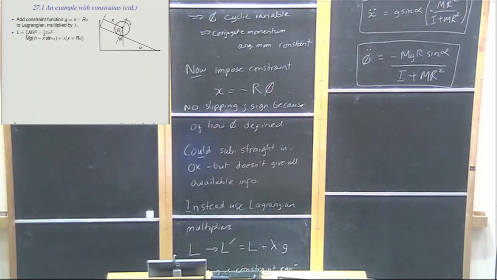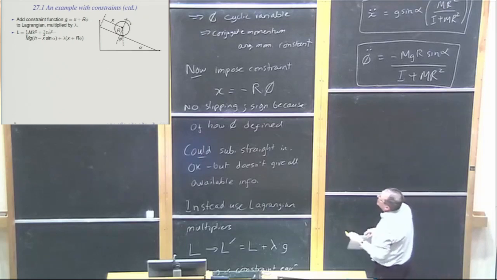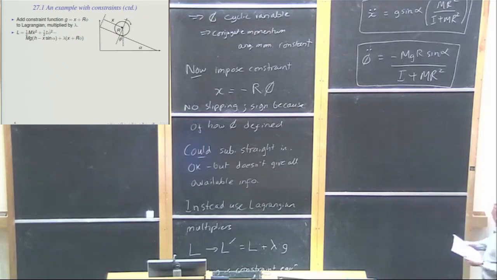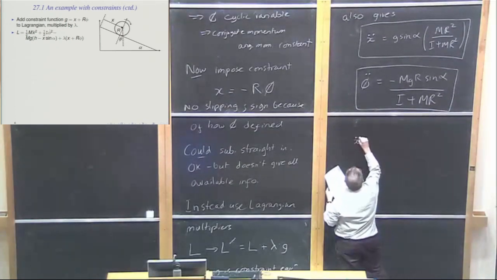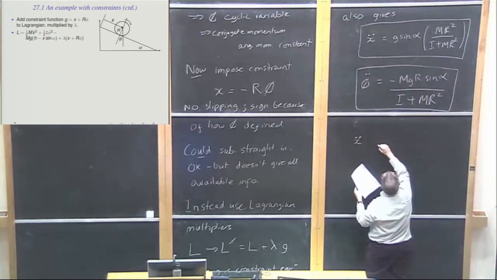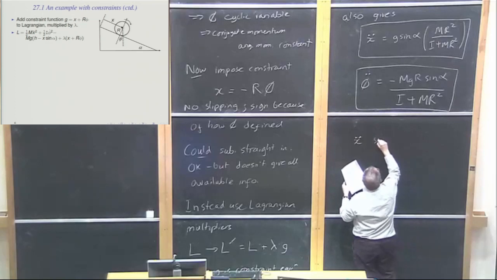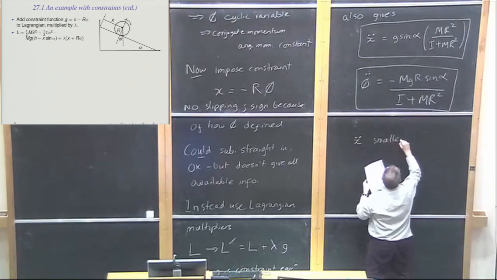And this factor depends on the mass and also the moment of inertia. If it's a ball, we know what the moment of inertia is, so we can put that in, but I don't think we need to do this here. We just note that this factor is going to be less than 1. So x dot is going to be smaller than before.